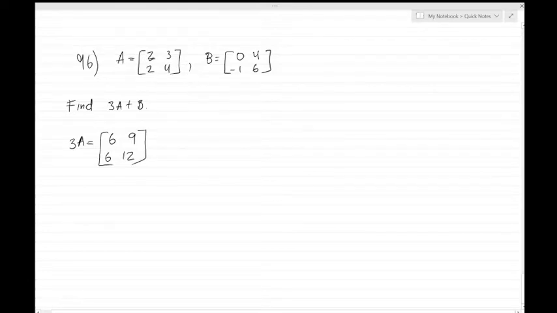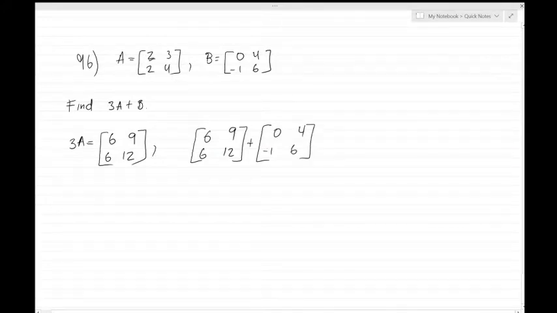Now that we have that, we can add it to the matrix B. Once again, they have to be the same dimensions. So 6 plus 0 is 6, 9 plus 4 is 13, and then 6 plus -1 is 5, and then 12 plus 6 is 18. Okay?